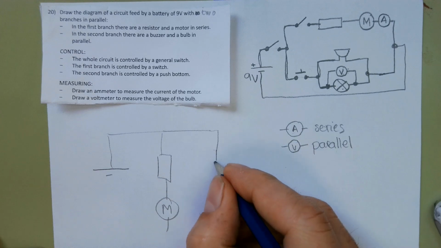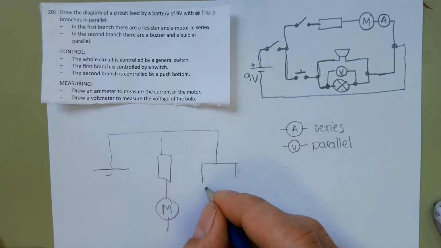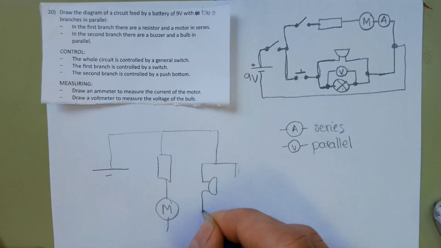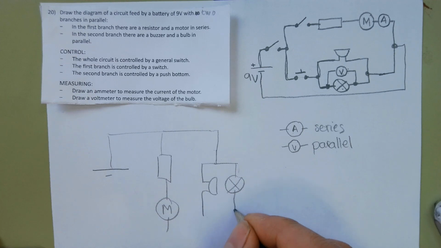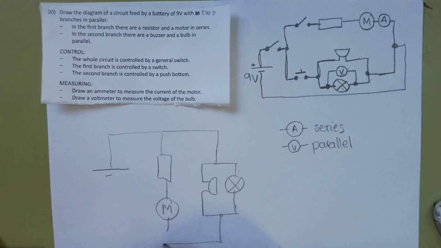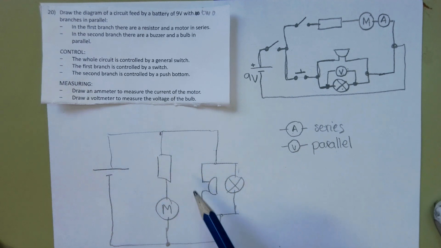The second branch with the buzzer and the bulb in parallel. This is another option that is as well correct.